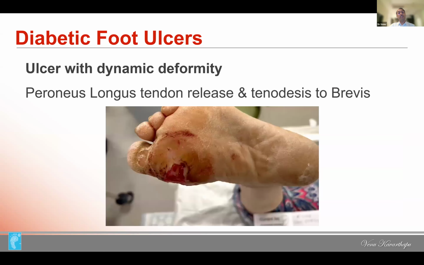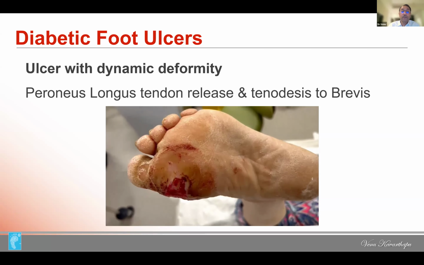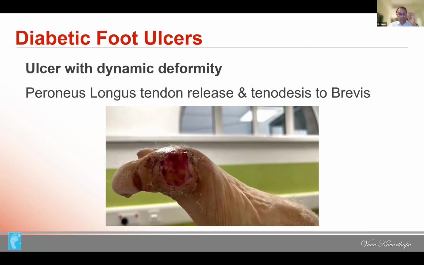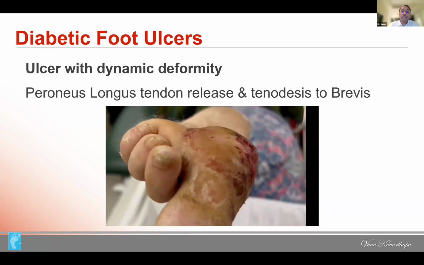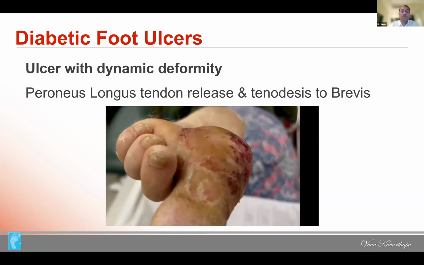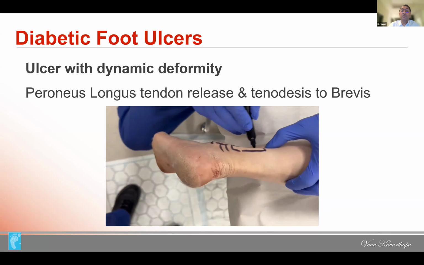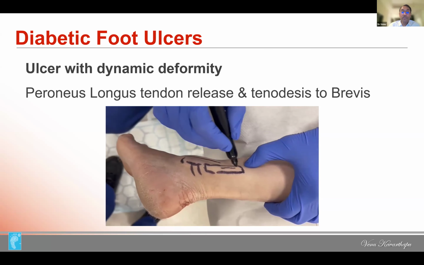Another common pathology is peroneus longus overactivity. The neuromuscular component of a diabetic foot quite often results in an overactive peroneus longus that leads to recurrent ulceration, and in this image you can see that the first metatarsal head is plantarly prominent. Again, we perform these procedures in our clinic minor procedure room.